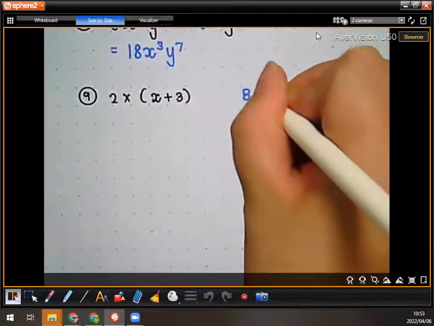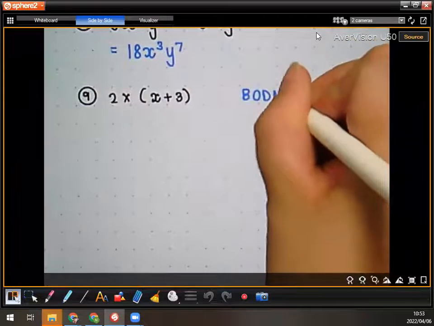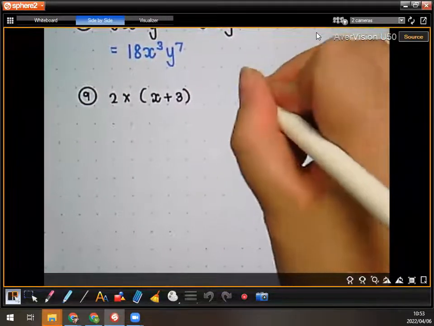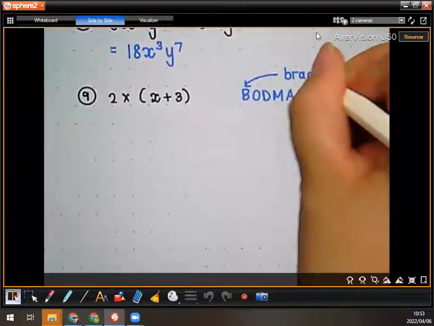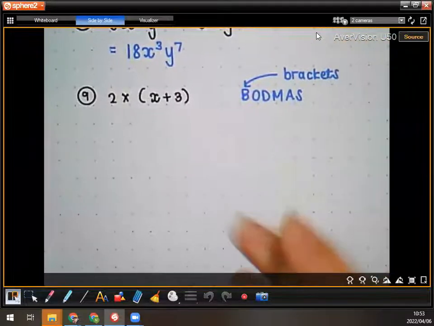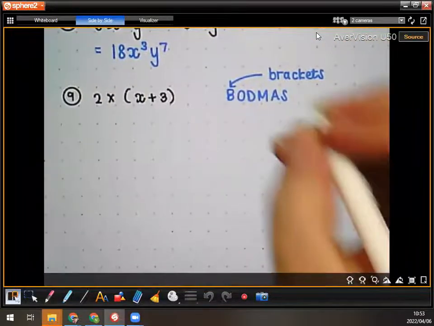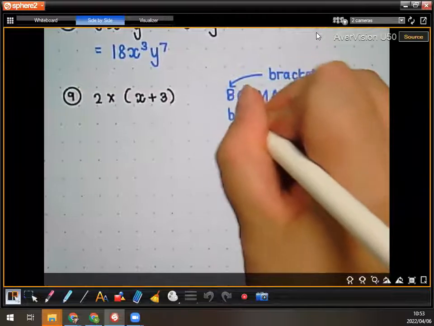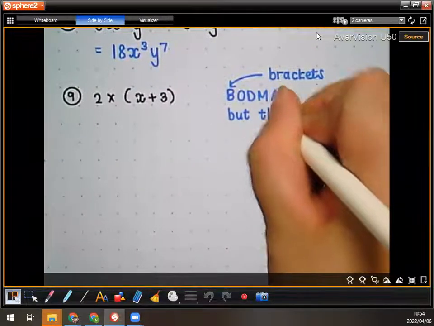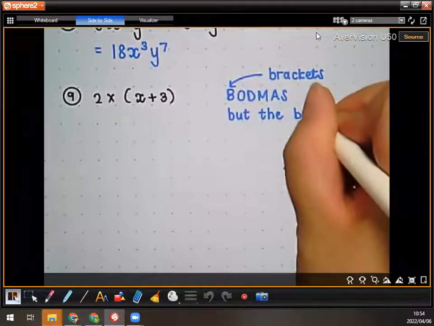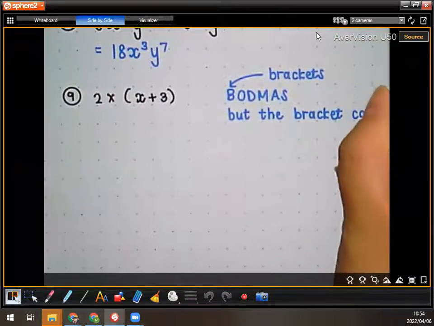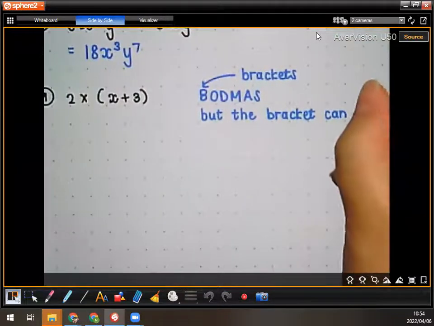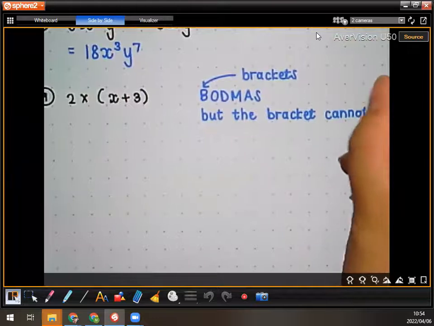So BODMAS, that B stands for brackets. We know that. We've practiced that before. But the bracket cannot be simplified.